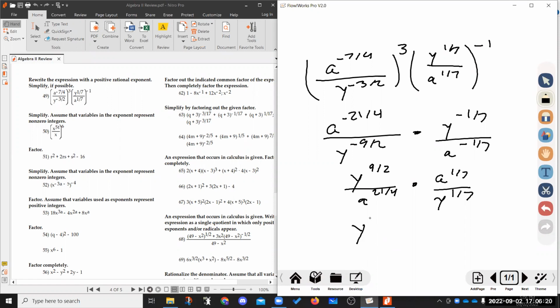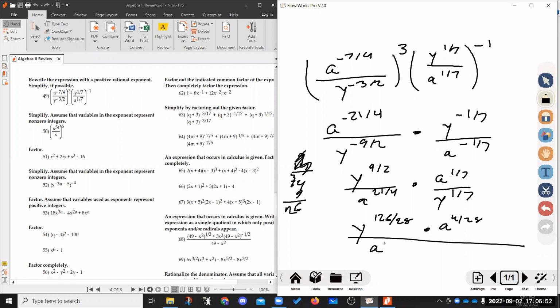So this is going to be 14 times 9, which is 126, over 28, times a to the 4 over 28, over a to the 147 over 28, times y to the 4 over 28.